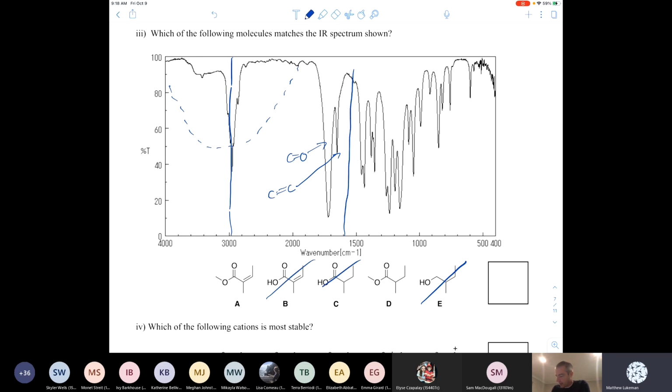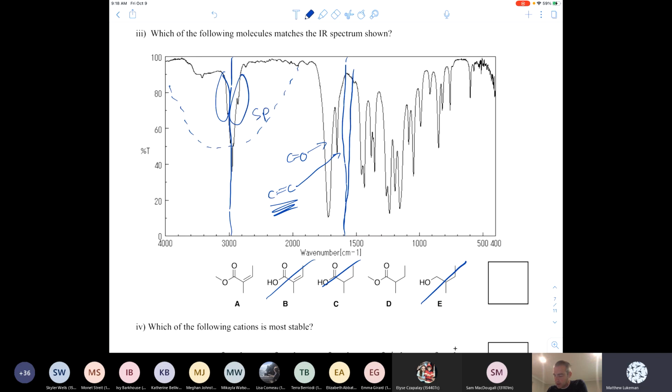We're down to A and D. The only difference between these two is A has a carbon-carbon double bond and D does not. But we see a carbon-carbon double bond peak between 1600 and 1700 reciprocal centimeters. That vertical line, by the way, is terrible. It should be more like, I don't know, that's not so good either, but it's better. The other thing is, if you look at this vertical line at 3000, we see there's absorption on the left and on the right.